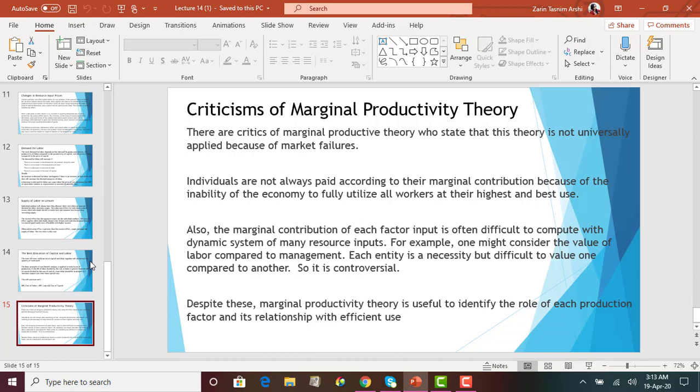So there are these criticisms of marginal productivity theory, but in reality, this theory is very useful, and it is used in almost all types of micro concepts, to identify the role of each factor of production and the relationship with efficient use.